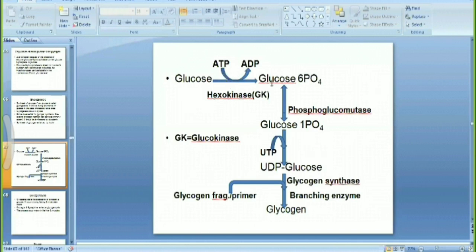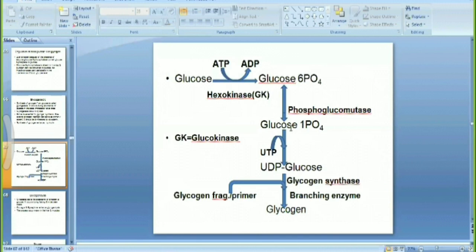For phosphorylation of glucose, glucose 6-phosphate is converted to glucose 1-phosphate. The enzyme responsible is phosphoglucomutase. This step is both ways. This enzyme can convert glucose 1-phosphate to glucose 6-phosphate, and also glucose 6-phosphate to glucose 1-phosphate.